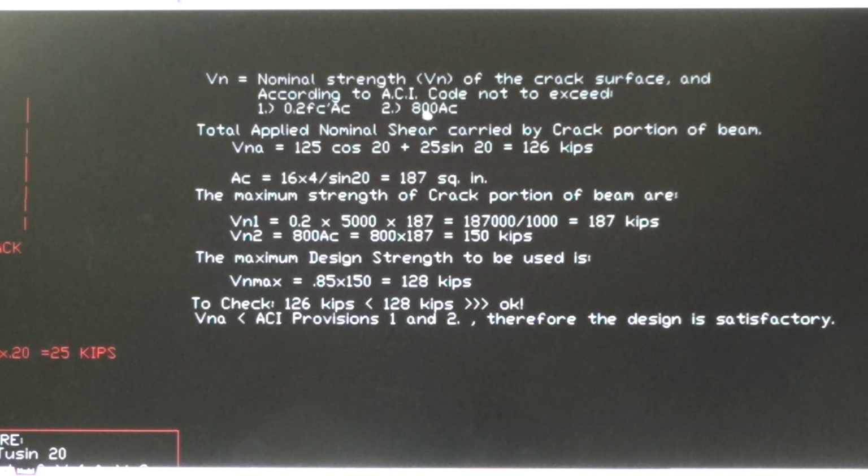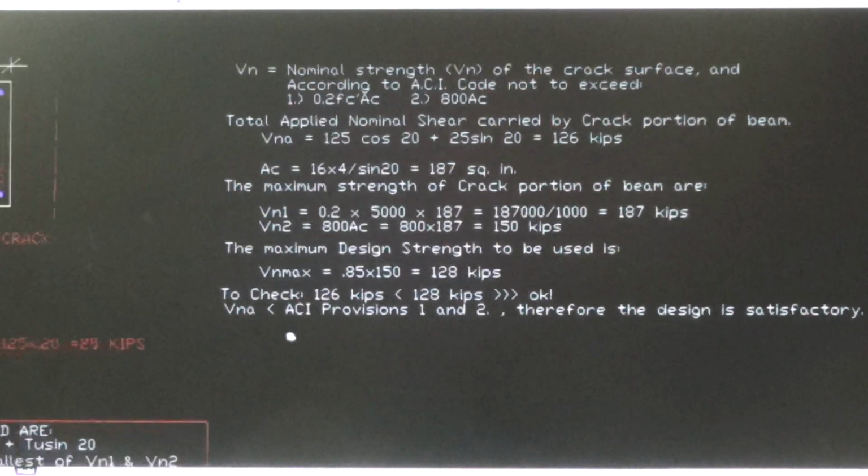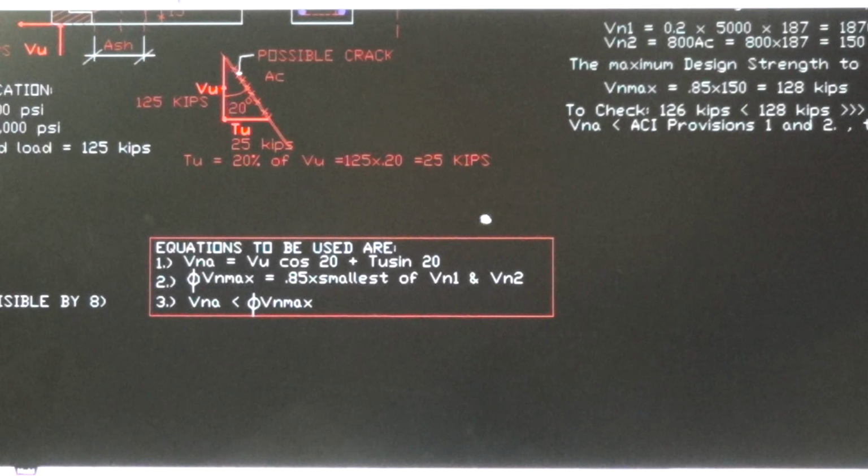Now criteria number 2 is 800 AC. VN2, criteria number 2, is equal to 800 times AC, which is 800 times 187 square inches, equal to 150 kips. We have an equation here to be used.